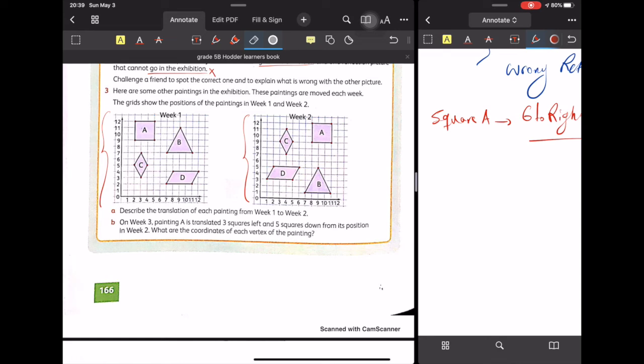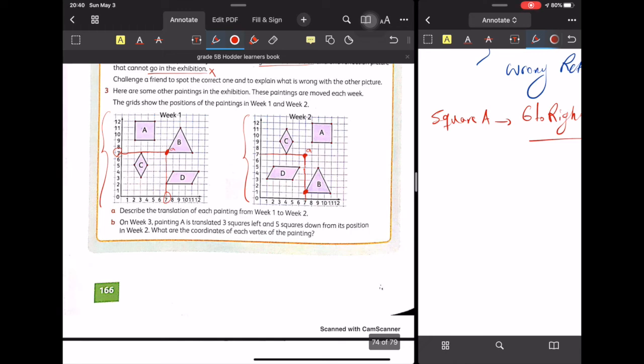Okay, let's try it for B. In B, for example, I choose this corner. It is x7, y7. Okay, let's see. x7, y7. Okay, it's here. So let's call it A. A was here before. Now it's here.